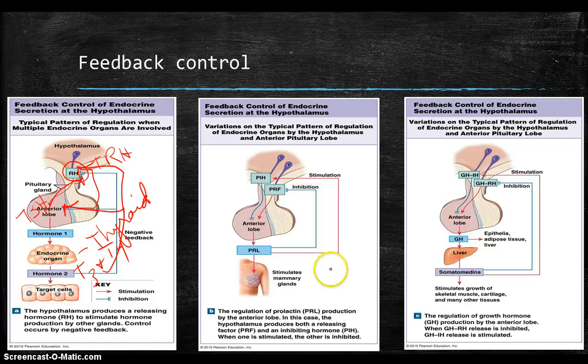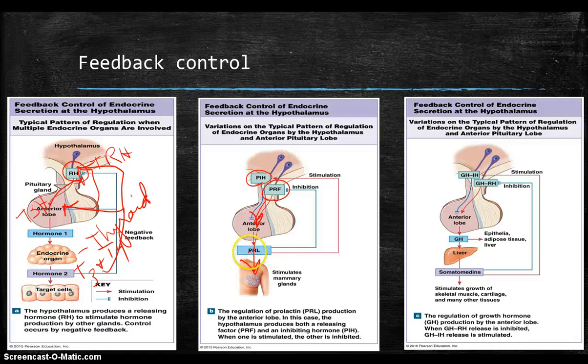This feedback control mechanism in the middle is showing you how the releasing hormones and inhibiting hormones produce a hormone that is going to act directly on its target. So here we have the prolactin inhibiting hormone, prolactin releasing factor or hormone. Both of those will go to the anterior lobe. If it's PRF that's being produced, prolactin will be released and lactation will be stimulated.